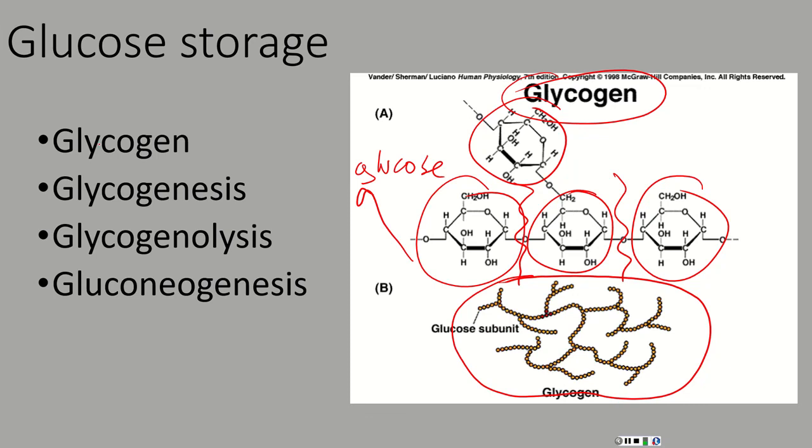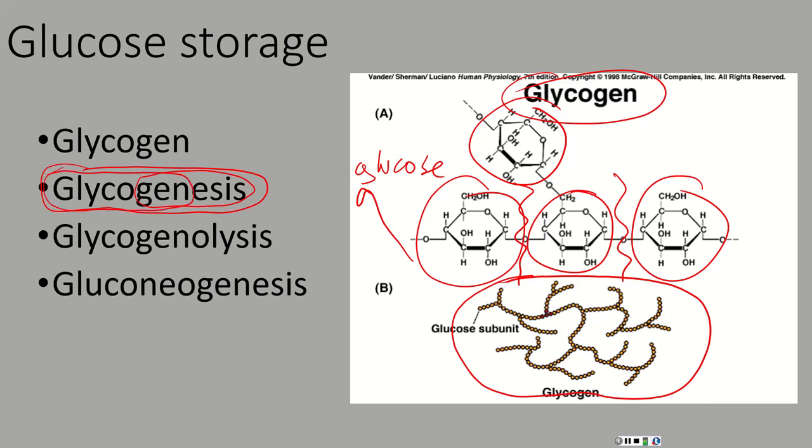So if we have glycogen, where does that glycogen come from? It's taking one glucose and another glucose to stick together, and another glucose sticking together, making glycogen. Well, that process is called glycogenesis. Genesis means formation of. Formation of what? Formation of glycogen.